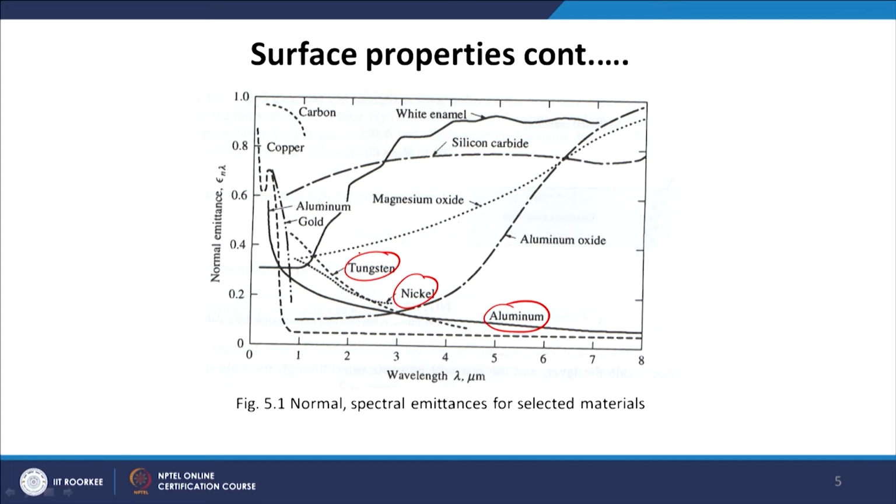While for carbon, which is very much of interest to us, the emittance is more or less constant at around 0.9 in the wavelength region which is mostly useful for heat transfer applications. So, we can assume carbon to be mostly gray. The emittance is more or less constant over the wavelength regions of interest.